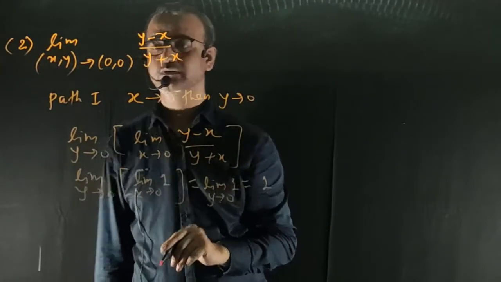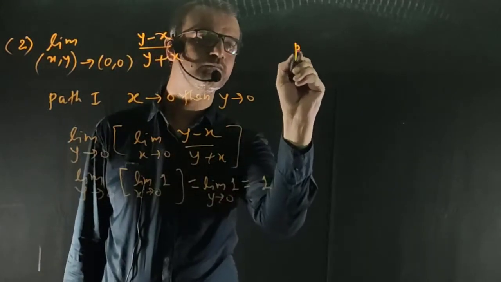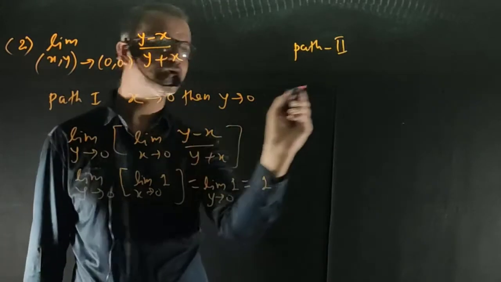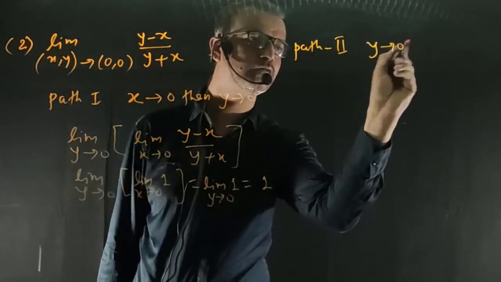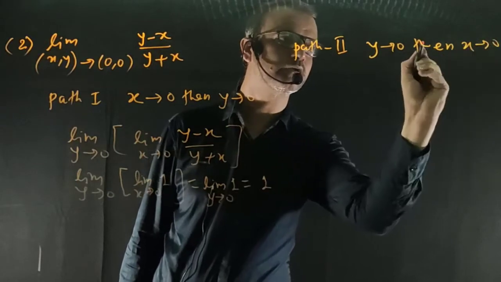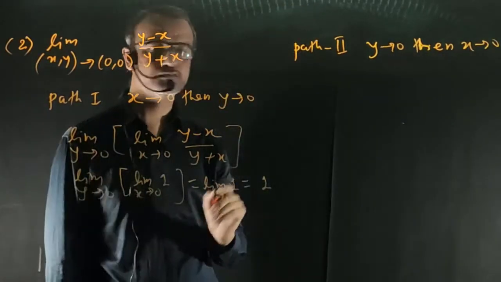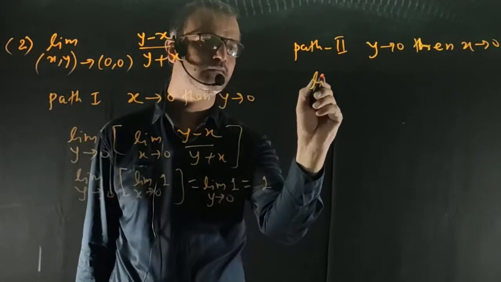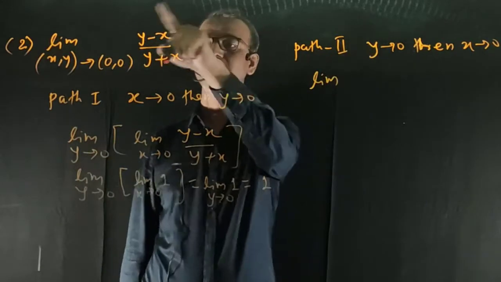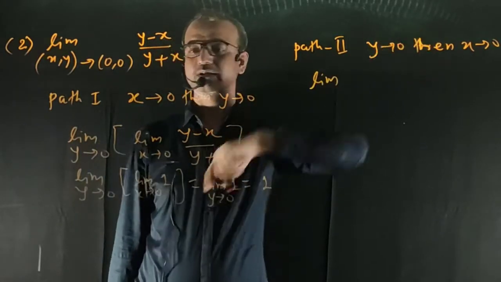Now we will find out the limit of this function along path 2. Path 2, that is we will take first y tends to 0, then x tends to 0. Okay. So first of all we will find out the limit of this function as y tends to 0, then limit x tends to 0.